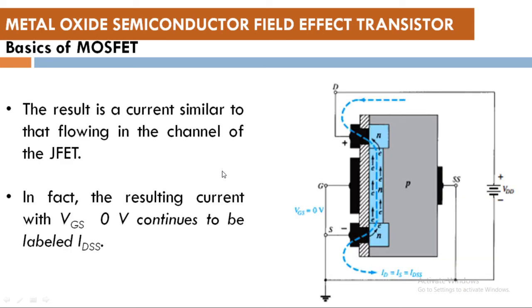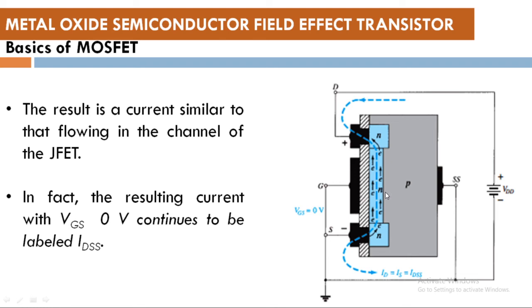Why will it happen? Now if this particular input is positive, then there will be a positive layer here which will push the holes from here to here, but it will attract more electrons from here to here. So it will increase the width of the channel.